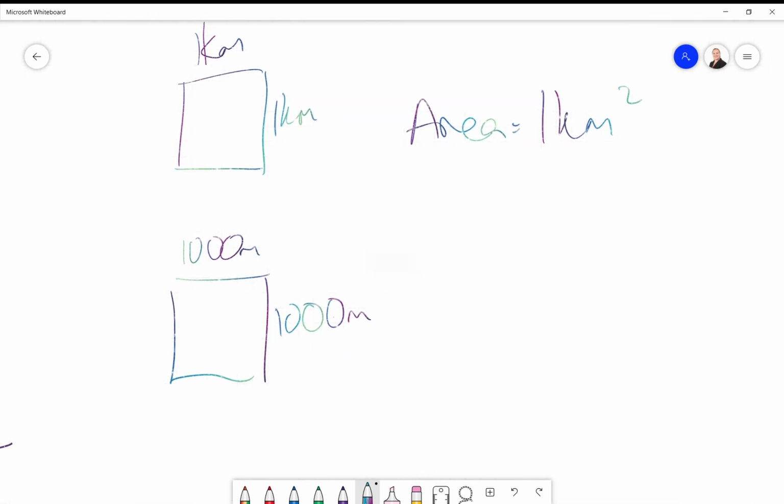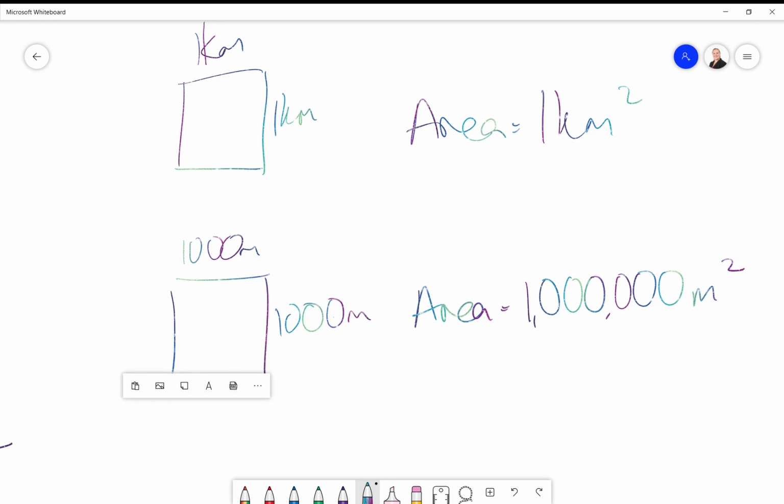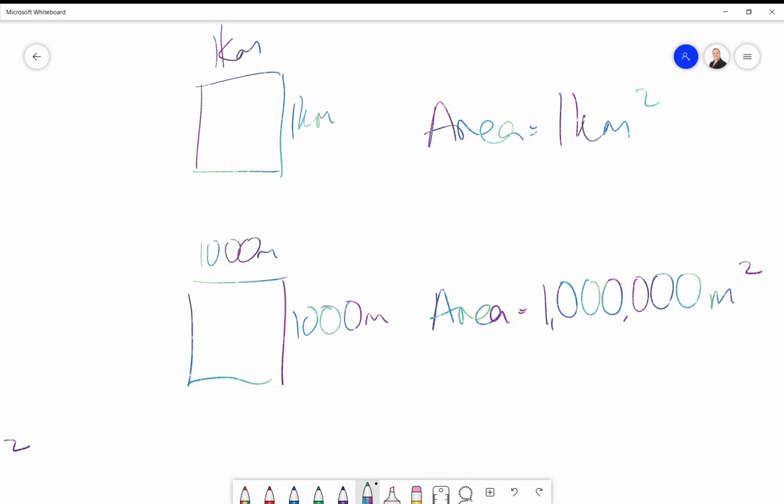So we can see the area is going to be 1,000 metres by 1,000 metres, so times them together, so that's 1, 2, 3, 4, 5, 6 zeros, metres squared. So that's a million metre squares inside 1 kilometre squared.